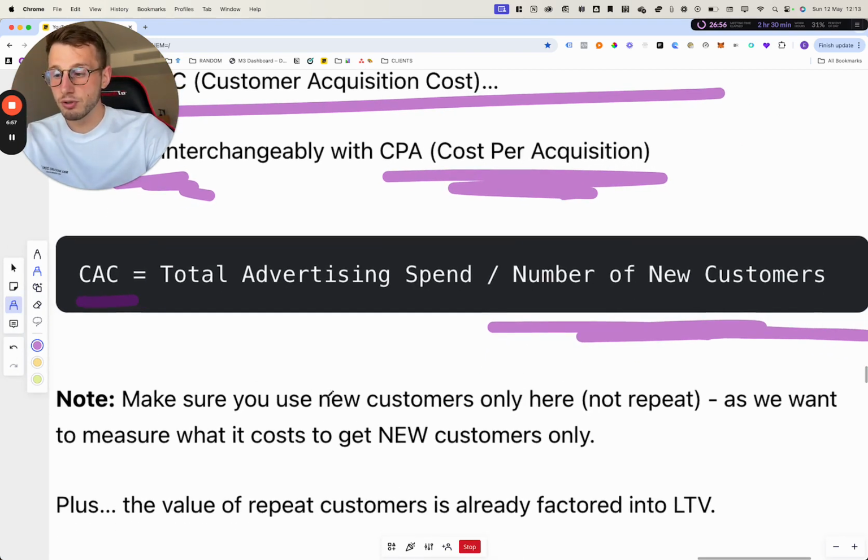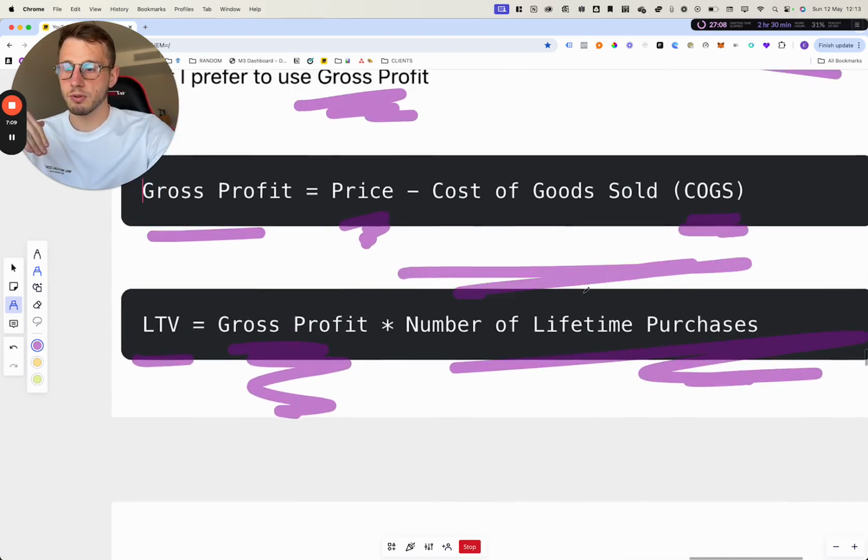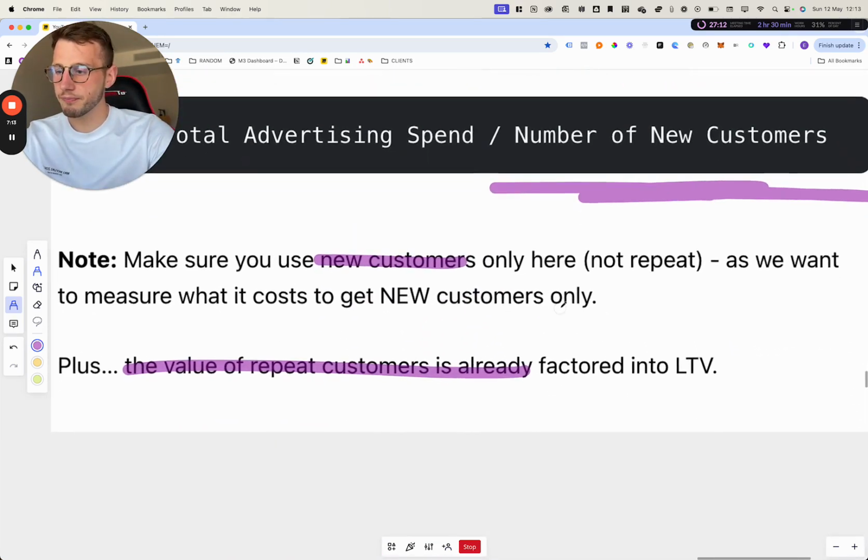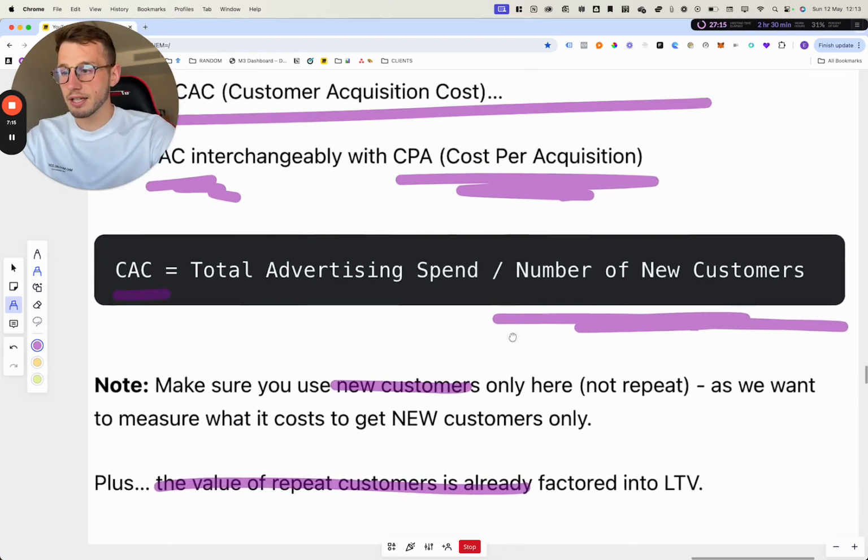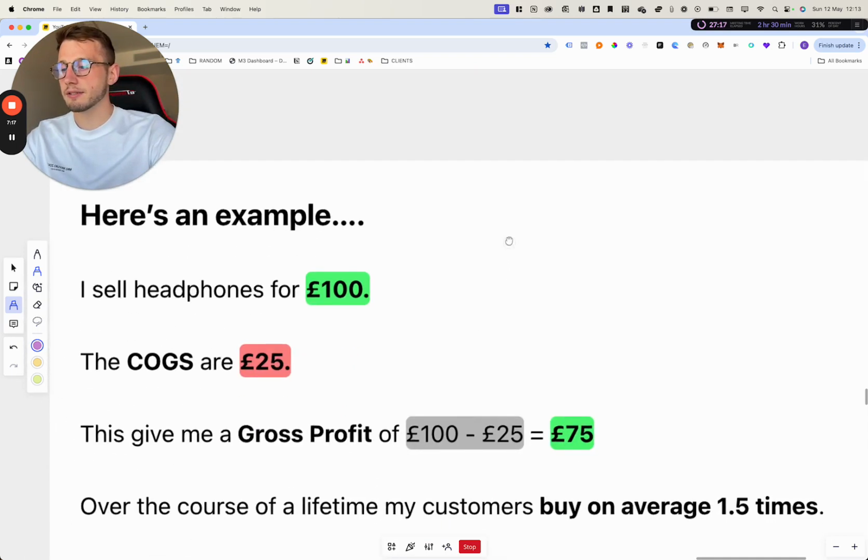It's important to use just new customers here and not your repeat customers, because we want to measure how much we spend to acquire a new customer. All of the value from the repeat customers is already factored in here, because we factor in the multiple purchases across the lifetime, right? So we don't want to double count it. Those simple calculations net you your LTV:CAC.